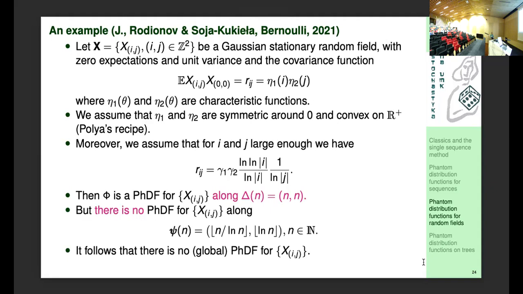One can check that from this form: if you look at the function R of psi n, when psi n is exactly given here, then multiplied by log of n, it converges to a non-zero constant. So this is the case where, for Gaussian random sequences, there is no phantom distribution function.